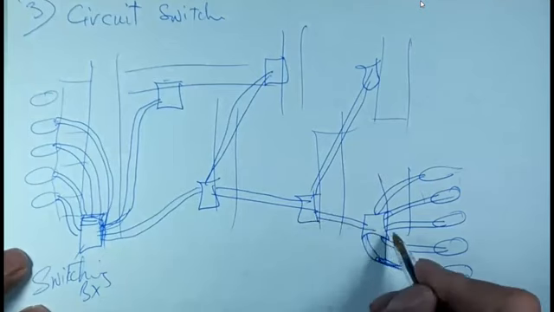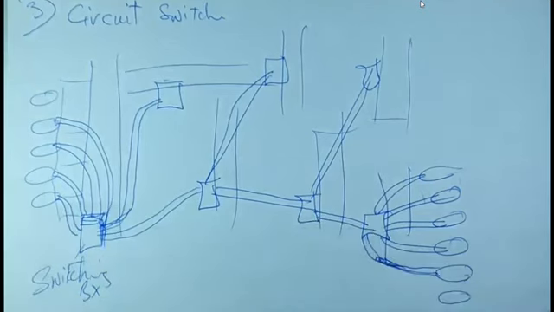So all the boxes in the city are connected together. And from one city to the next city, there's a connection from all the cities to another country. So the connection is just big. It's a big network. But it's been around for 100 years, for 150 years now, and it's getting better and better. Now, this is how it works.